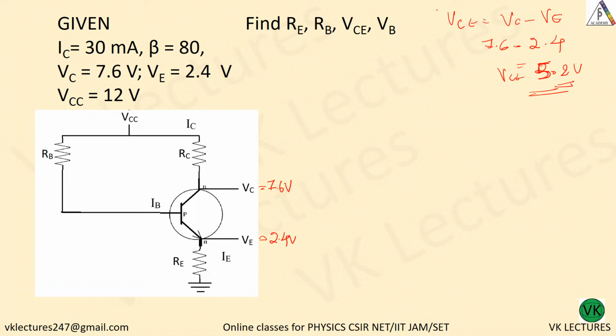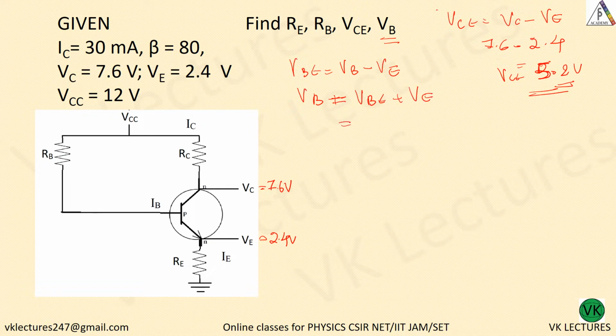Now you are also asked to find out VB. Now VBE is equal to VB minus VE, right? Or VB is equal to VBE plus VE.